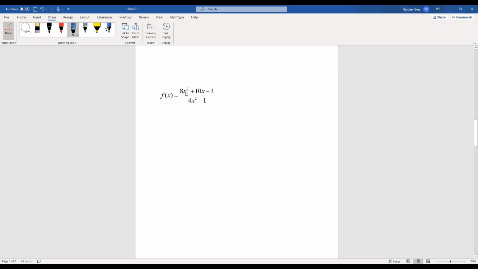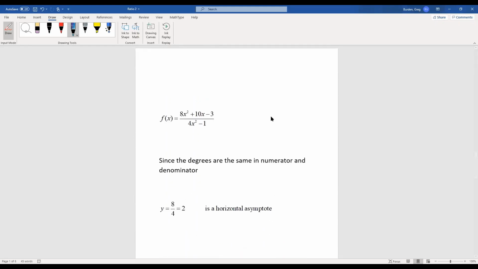So for a large enough value of x, relatively speaking, proportionally, almost everything in the numerator comes from the 8x squared term, and similarly in the denominator. So we can actually just compare the lead coefficients here, 8 and 4, to figure out what the horizontal asymptote is. It'll be the line given by y equals 8/4. So I have that down here someplace.